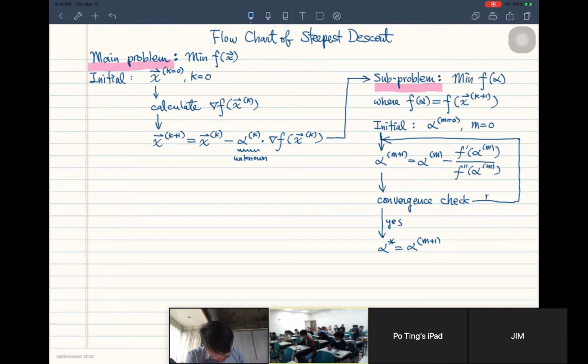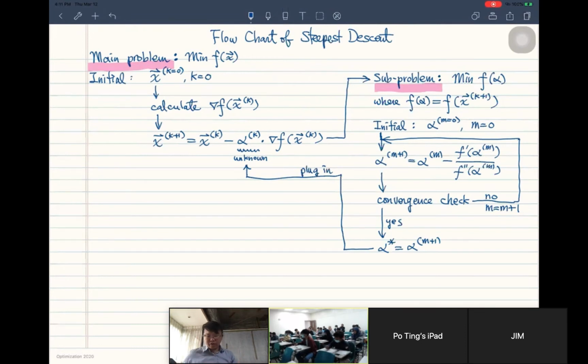If not yet converged, and of course when you move on, m equals m plus 1. Okay? So when you have your optimal alpha, you need to go back and plug in.